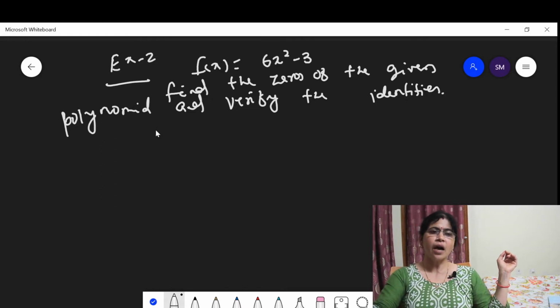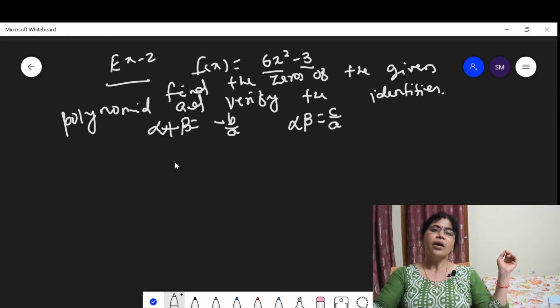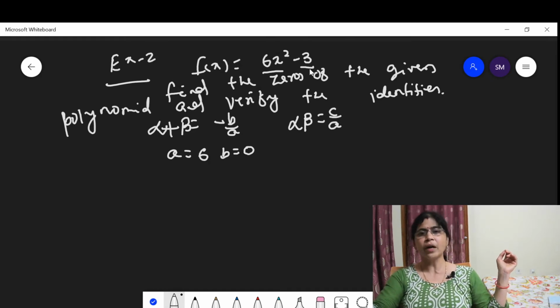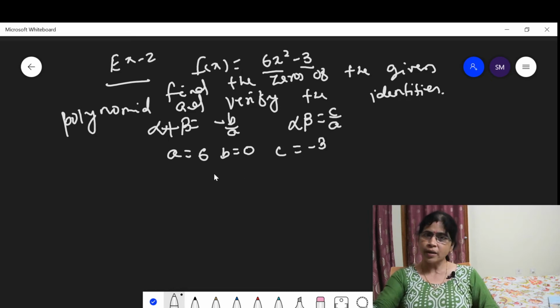The identities are alpha plus beta is equal to minus b upon a, and alpha into beta is equal to c upon a. Here f(x) is given as 6x square minus 3. Then here a is equal to 6, b is equal to 0 because the x term is not here. This means the coefficient of x is 0 here, and c is equal to minus 3.